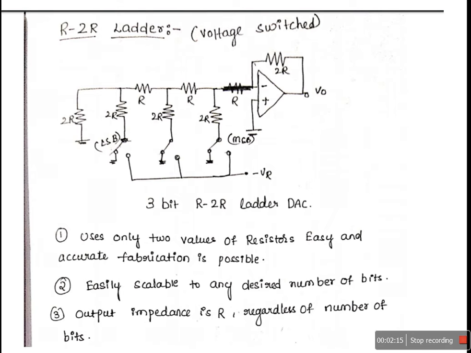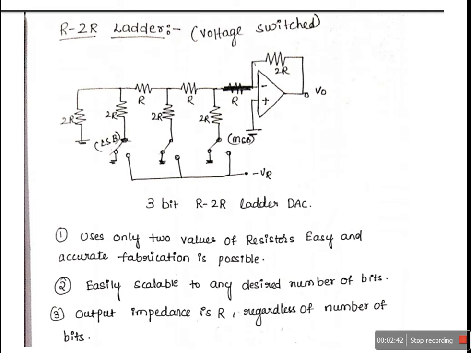But in the R-2R ladder network, we use only two values of resistor, that is R and 2R. Since we use only two resistor values, the fabrication is easy and the accuracy is also higher.